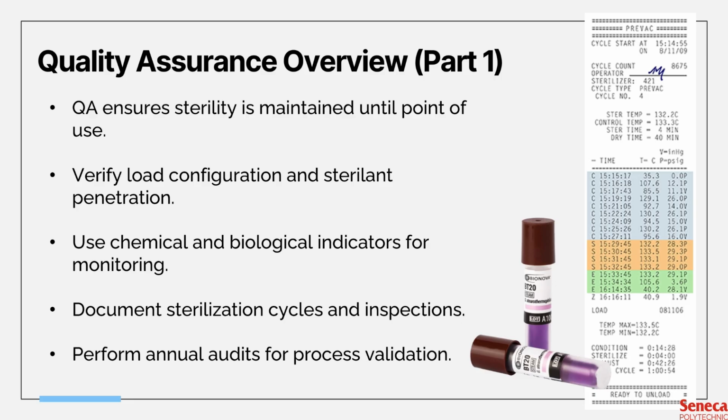That's essentially the ultimate goal of containerized systems and sterile barrier systems. Part of quality assurance includes verifying load configuration, sterilant penetration, and overall cycle performance. We use chemical, biological, and physical indicators routinely to monitor whether sterilization parameters were achieved.